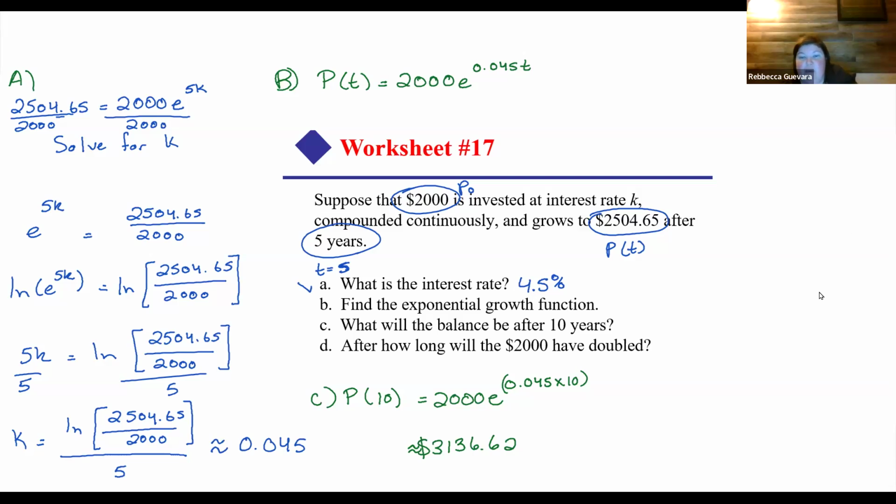So my very last problem is, once again, I'm just asking how long for this to double. So we know, as we've seen over and over again, if I want it to double, I'm just going to have 2 is equal to e to the 0.045 t. Like I said, we kept seeing this pattern happening, so we're going to cut to the chase here.